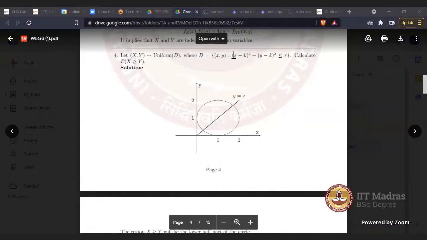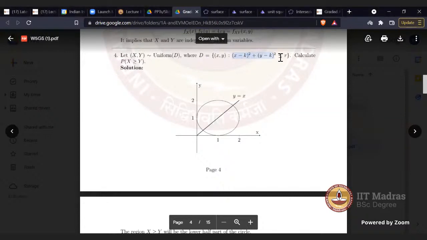If you have studied maths, you should know this is the equation of a circle, centered at (k, k) with radius r.